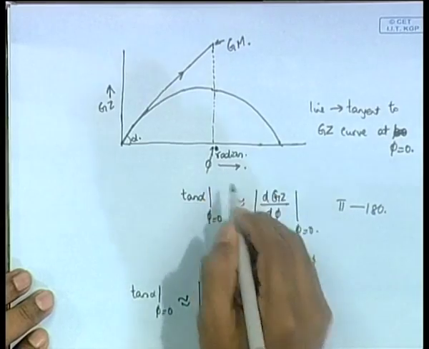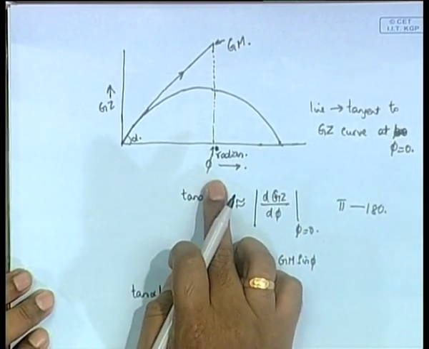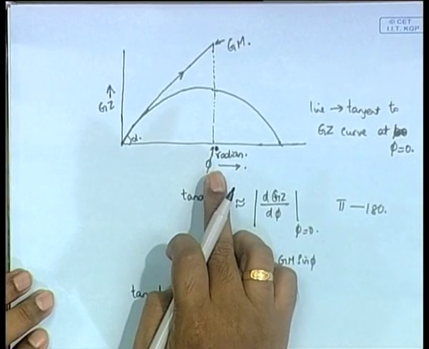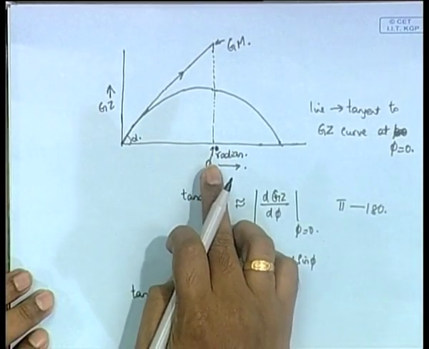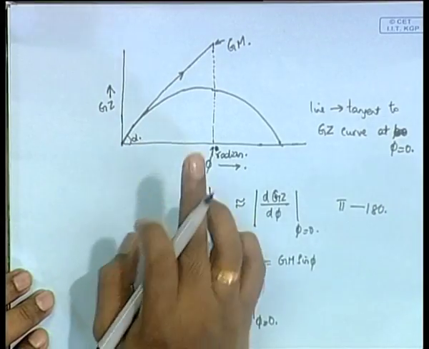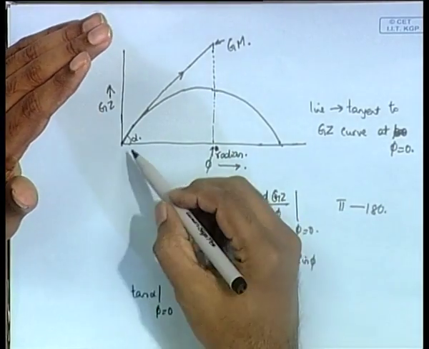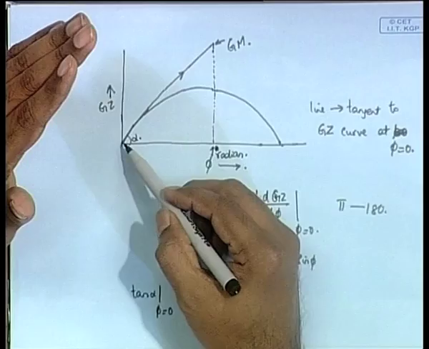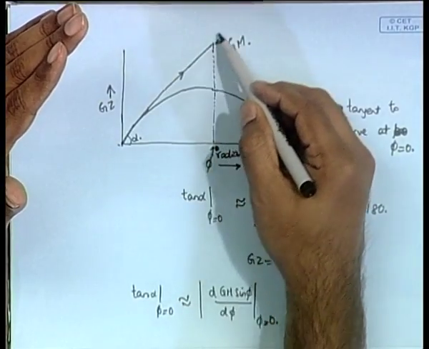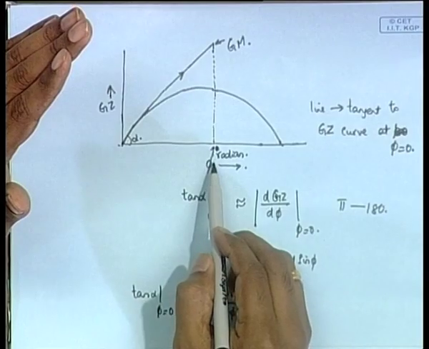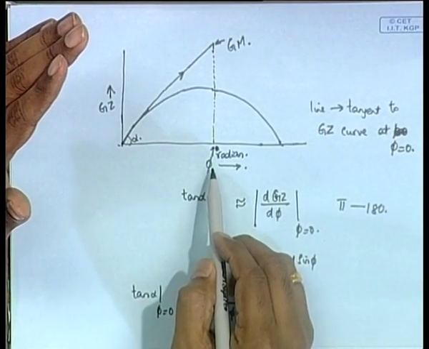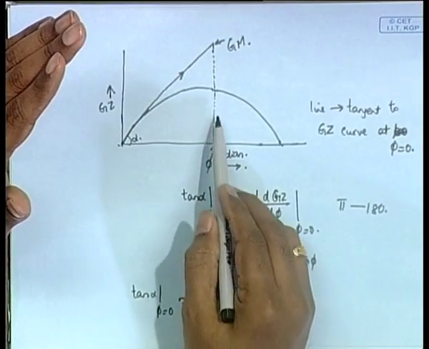Now, at the angle of 1 radian you draw a vertical, okay, and let that vertical hit the tangent somewhere, it is hitting here. So, what do we have here? We have drawn a tangent at phi equal to 0, it goes straight, it is a straight line like this, and at an angle of 1 radian I am drawing a vertical. Okay.